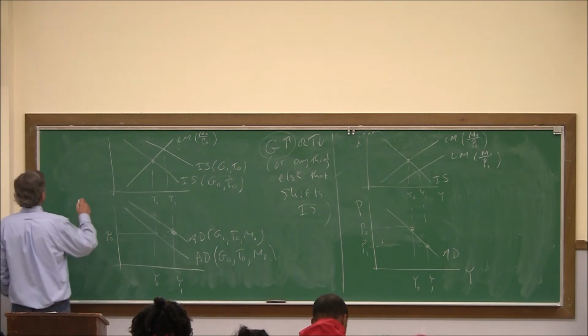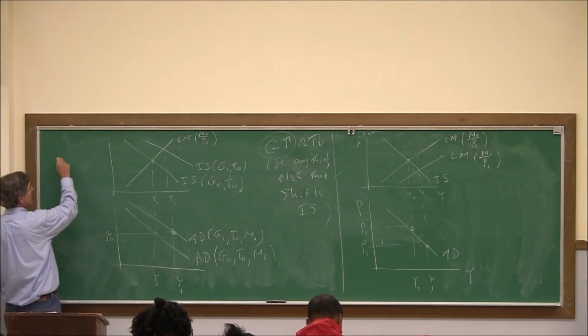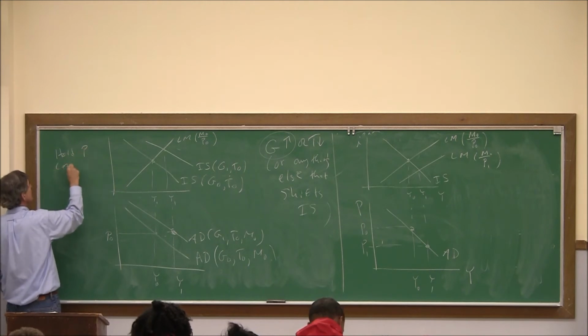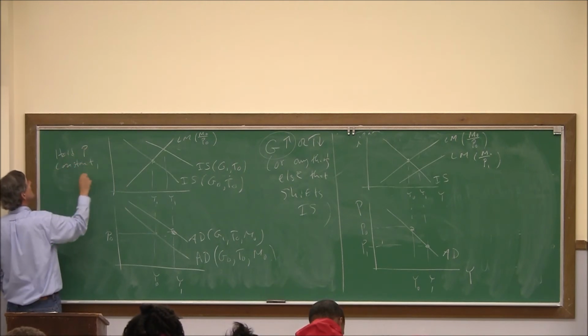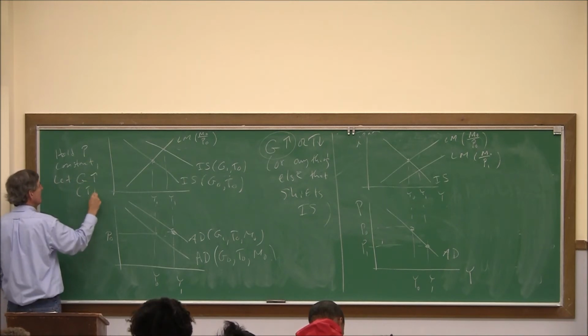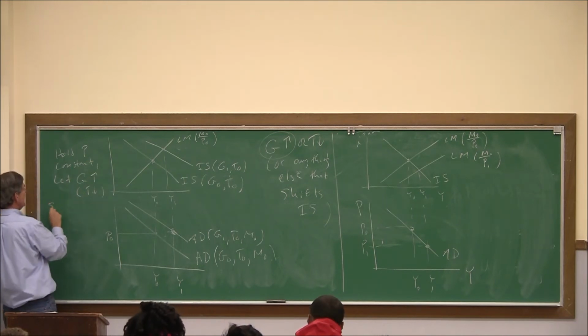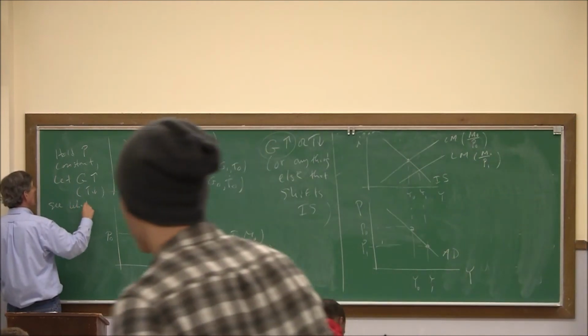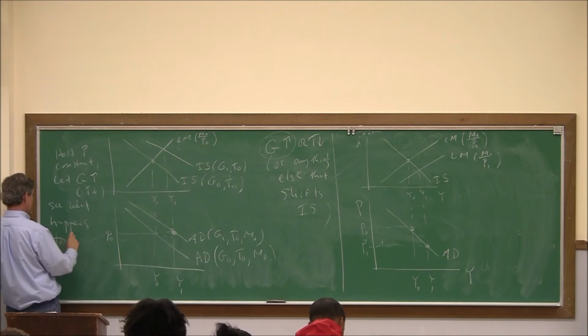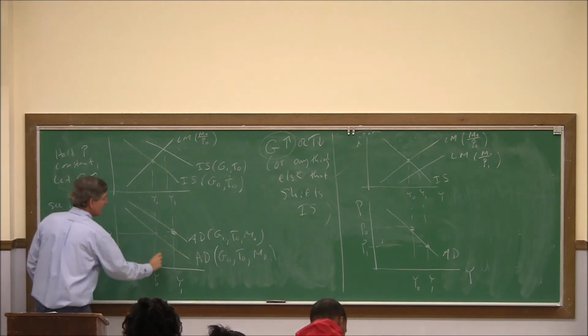Basically, the experiment here is to hold P constant, let G go up or T go down or anything else, and see what happens to Y. That tells us, in this case, it went up.